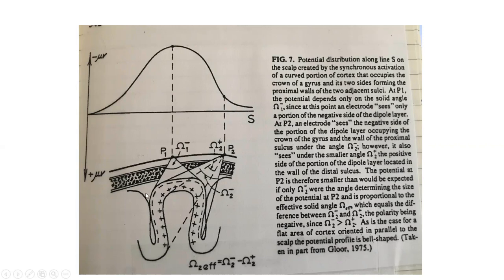This is the crown of a gyrus that we're looking at. The same type of thing: a spotlight is being shown upon that dipole layer. This spotlight sees more negative charge, and this one sees more positive charge when we look at this.